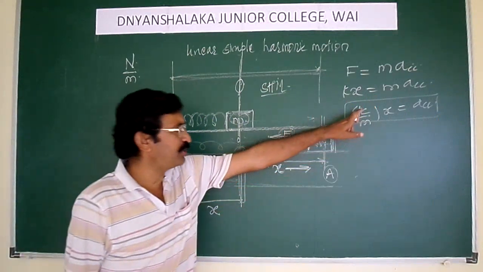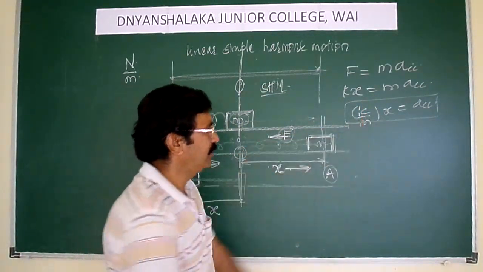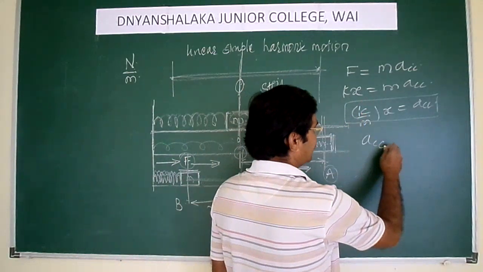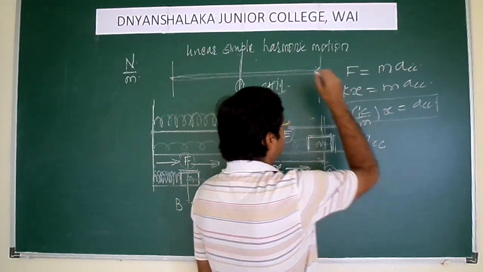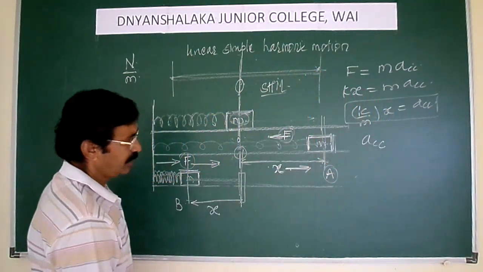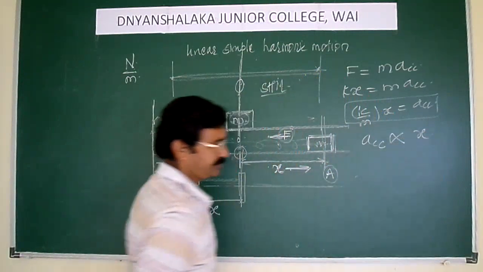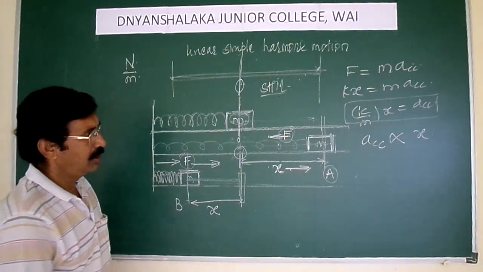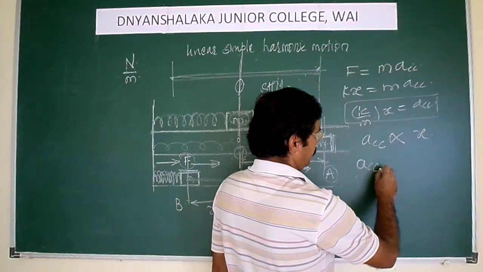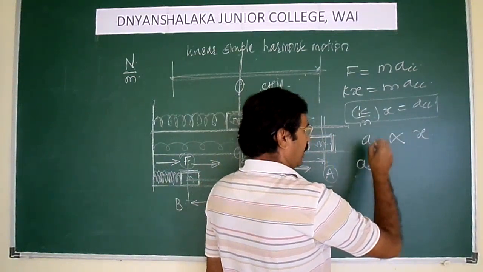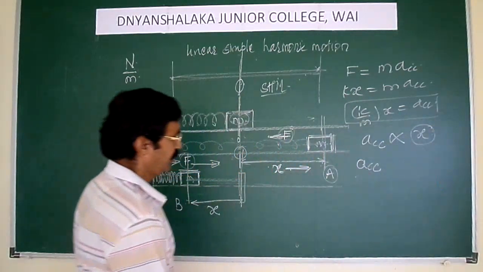The force constant is a constant term, mass is a constant term, and so we can say that acceleration in simple harmonic motion is directly proportional to the displacement. In terms of direction, acceleration will always be in opposite direction to that of the displacement.